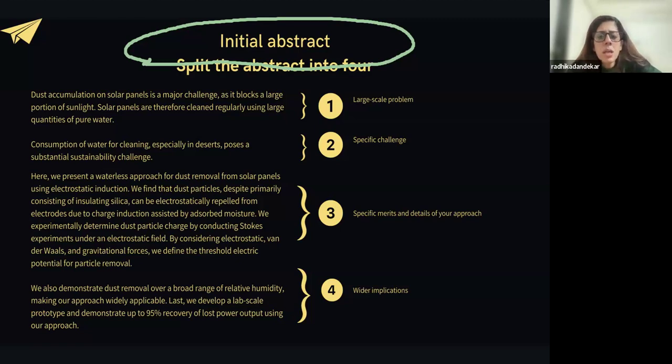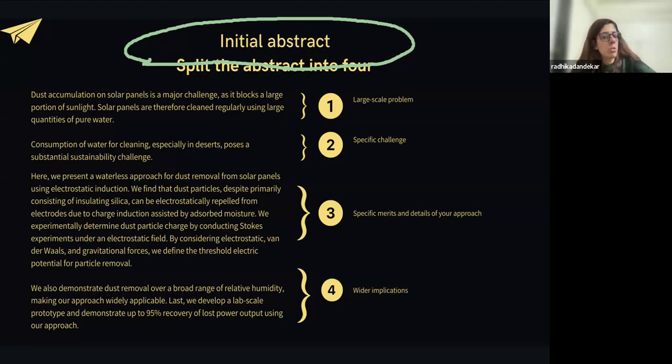The third part will talk about specific merits and the details of your approach, and this is the most important part in your abstract. This is where you have to mention the details of your approach and what new you have done. So this is also catering to a very specific and expert audience and not a wider audience, and you end the abstract with wider implications.